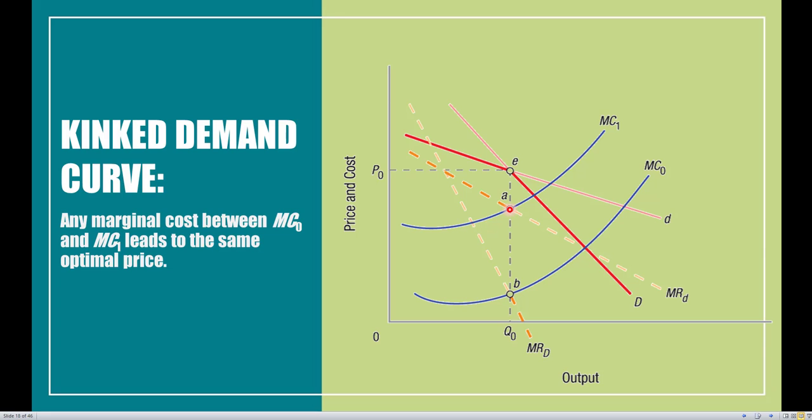So anywhere from point A in between point B right here, the marginal cost can differ and it will still return us the same price. So as you can see right here, any marginal cost between MC0 and MC1 is going to lead to the same optimum price. And that's just where the discontinuity comes into play.